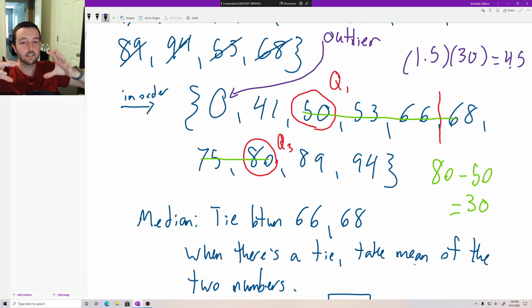So it's the numbers that are very far away from the middle of the data. We expect most things to be around the middle of the data. But when things are really far away, we want to know why, right? What is causing this person to get a 0? That's so far away from everything that it's really skewing our data.